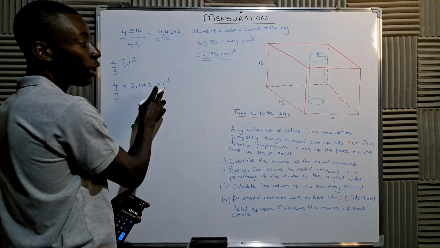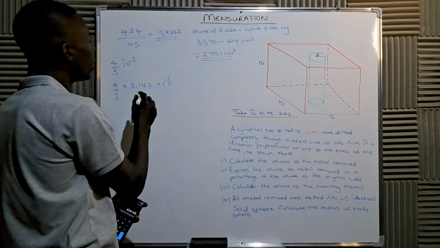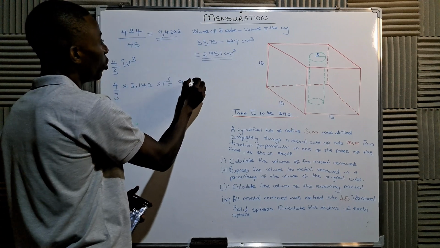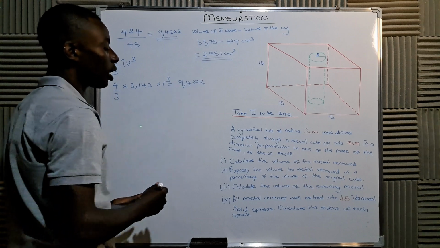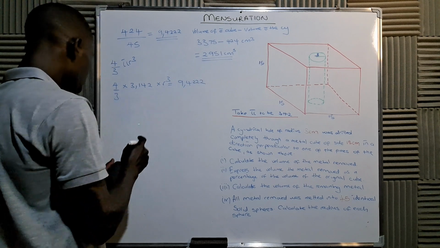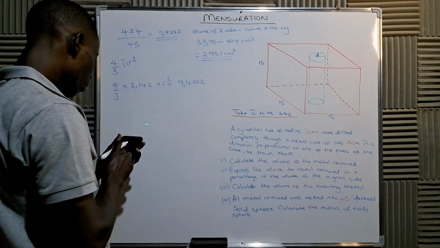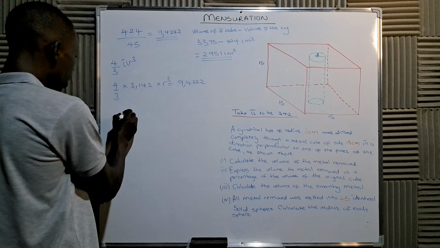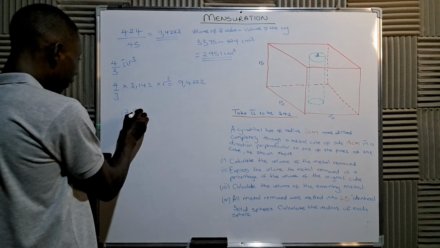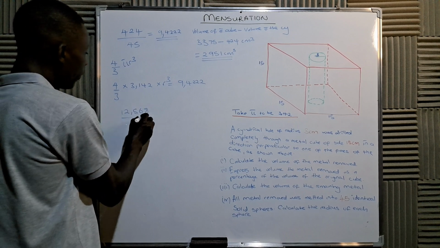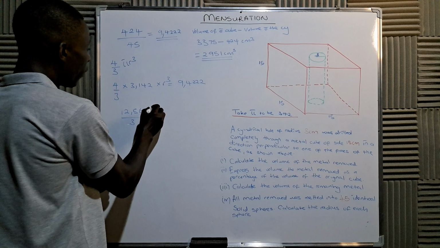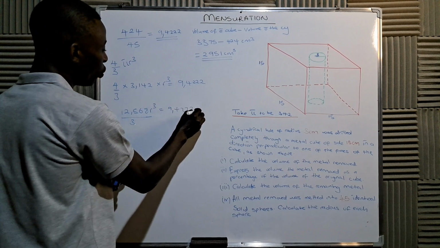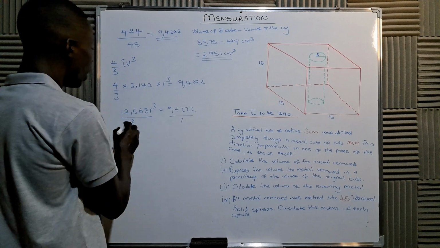This is the radius we are calculating, is equal to the volume of the single sphere. And now let us simplify. So 4 times 3.142, here we are getting 12.568. So divided by 3, here we have r cubed is equal to 9.4222.